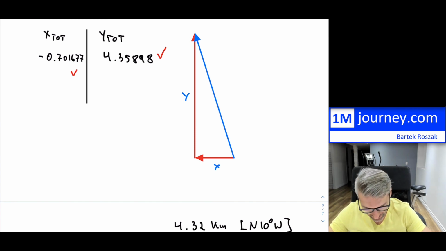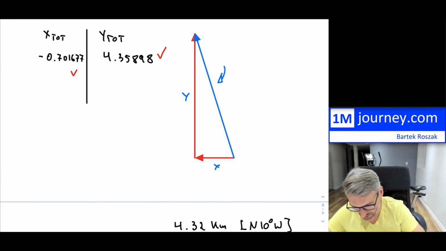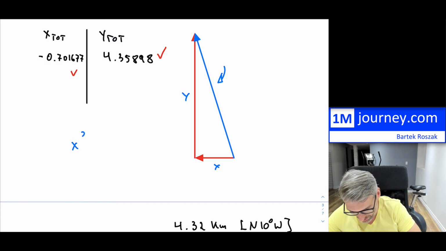If you want to find this, which is really just the hypotenuse, the magnitude right here, that's nothing but taking your x component squared plus your y component squared, and that equals the hypotenuse squared, which I'll call h, which means we're going to have to take the square root.